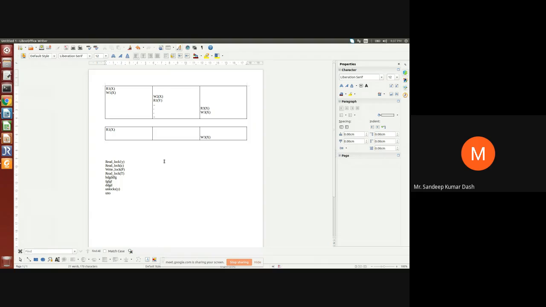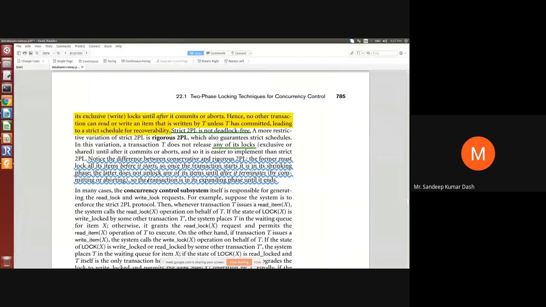It gathers them one by one, and does not unlock any of its items until after it terminates. So the transaction is in expanding phase until it ends. But the conservative two-phase locking is always in shrinking phase because once it starts, it unlocks one by one.